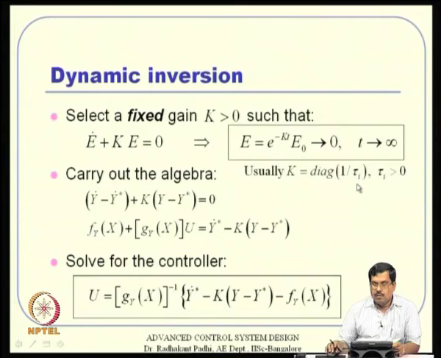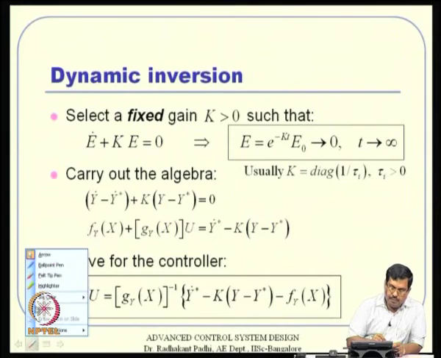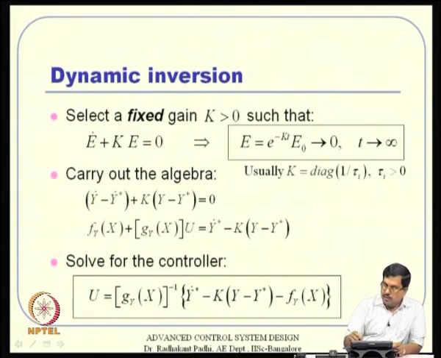And how do you select those positive numbers? We will select in a reverse way. I will select the gain matrix k as some sort of k1, k2 like that, kp or km, whatever I have.